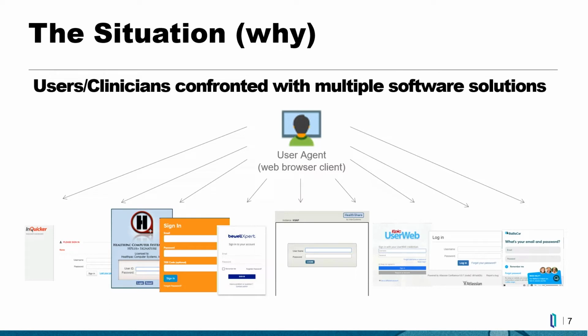And then you get to your website for whatever of these applications, and you have to start all over again, or maybe try to find a way to remember all of this.